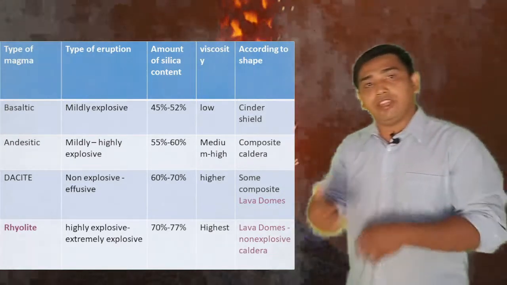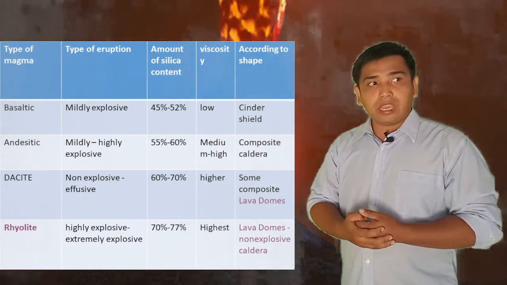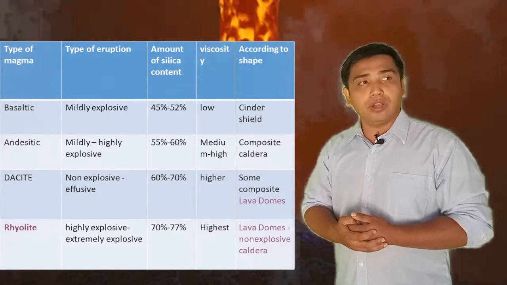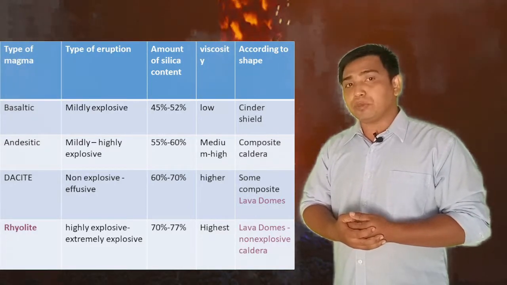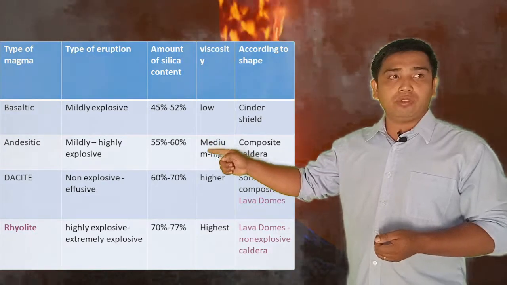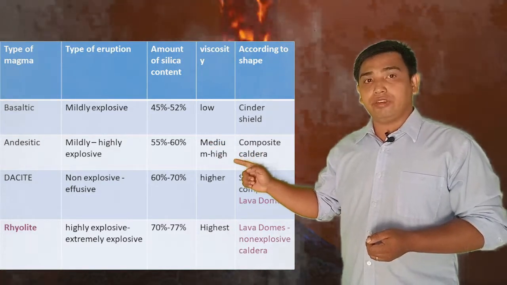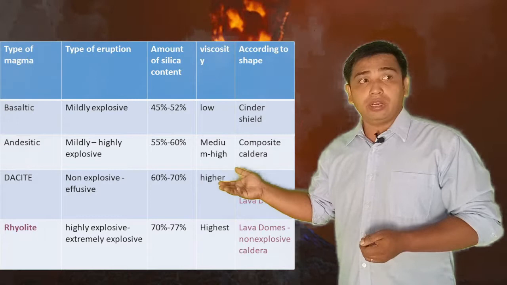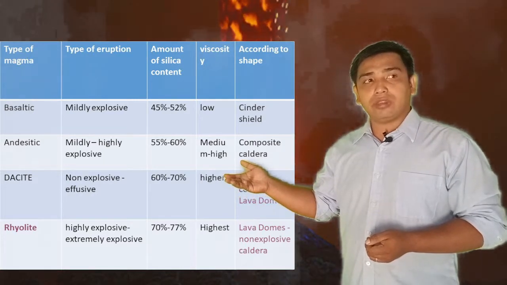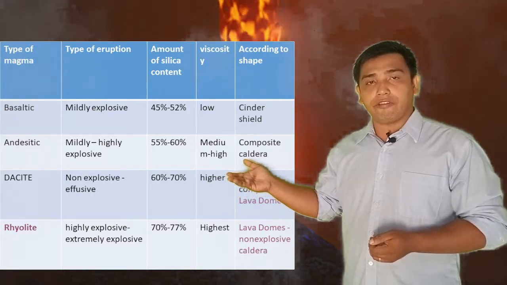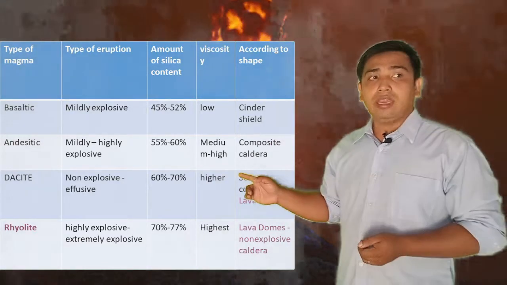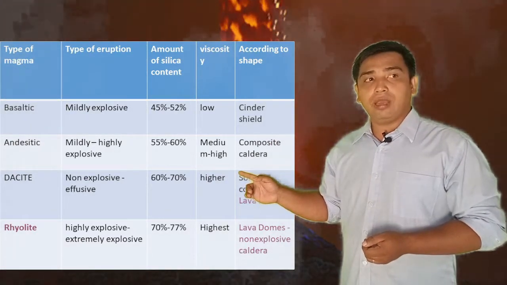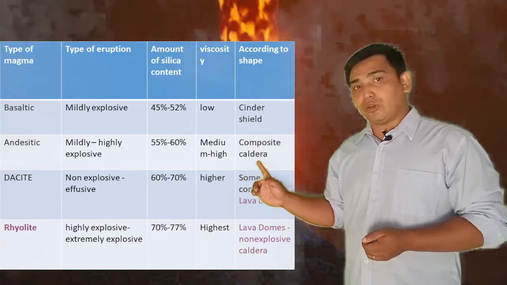Alright, so we have the next category, which is the andesitic magma. It will produce mildly explosive to highly explosive types of eruption. The silica content of this type of magma is 55 to 60%. It will have medium to high viscosity.